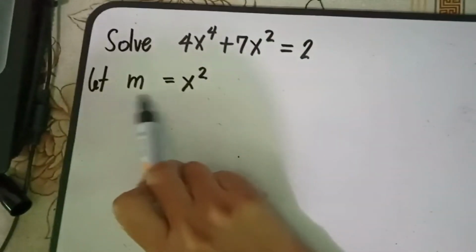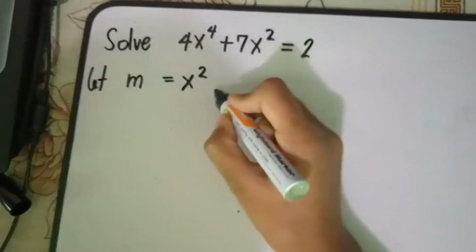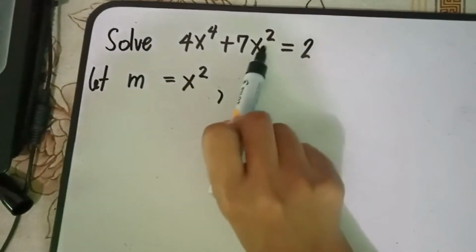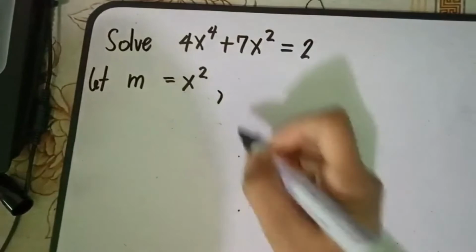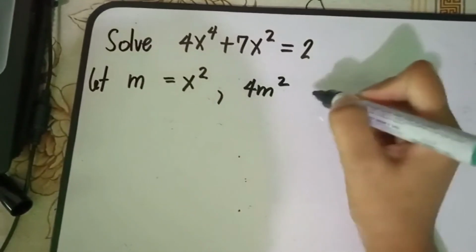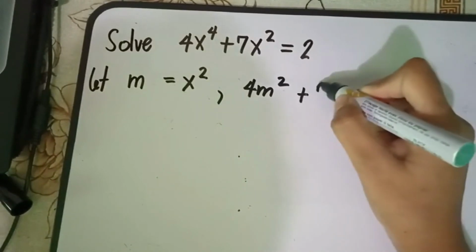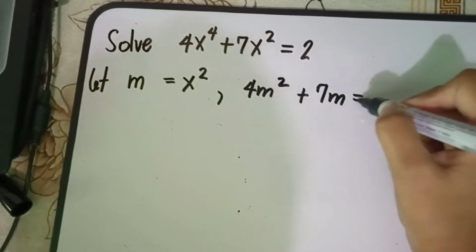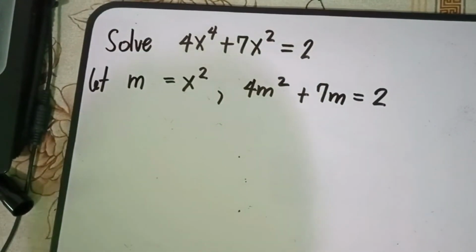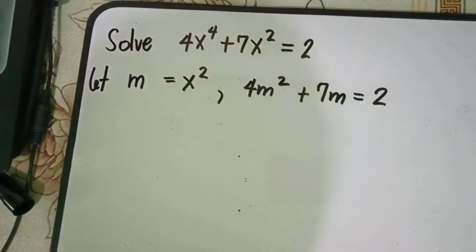So, if we let m equal to x squared, therefore, yung 4x raised to 4 plus 7x squared is equal to 2 would become 4m squared plus 7m is equal to 2. Tama? Yes. So, next, we can now solve for the quadratic equation, syempre.